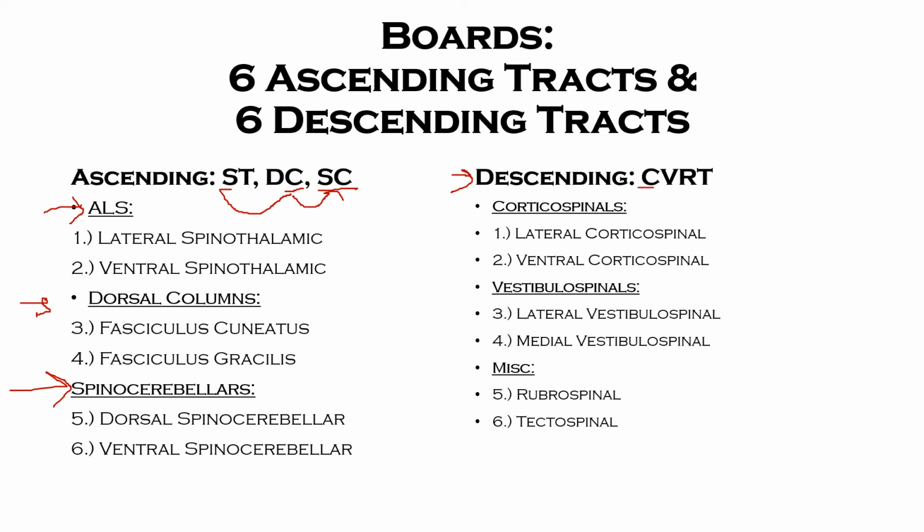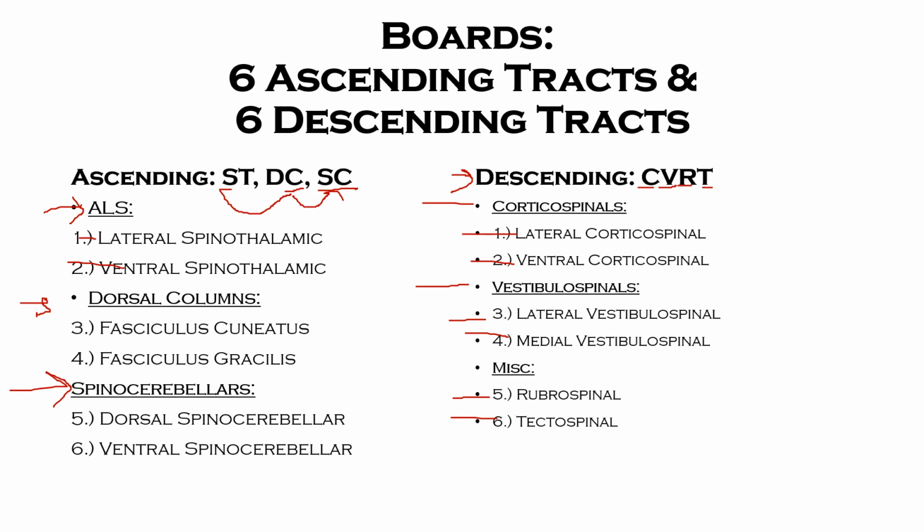They start with the letters C, V, R, T. So corticospinal has 2, vestibulospinal has 2, and then there's rubrospinal and tectospinal that we need to know. If you note, right here, we have lateral and ventral in the ALS. We have lateral and ventral across from it here in our corticospinals. And then lateral and medial for vestibulospinal.